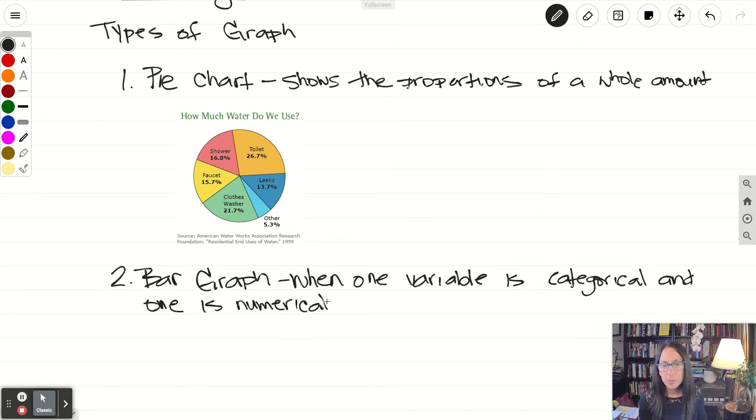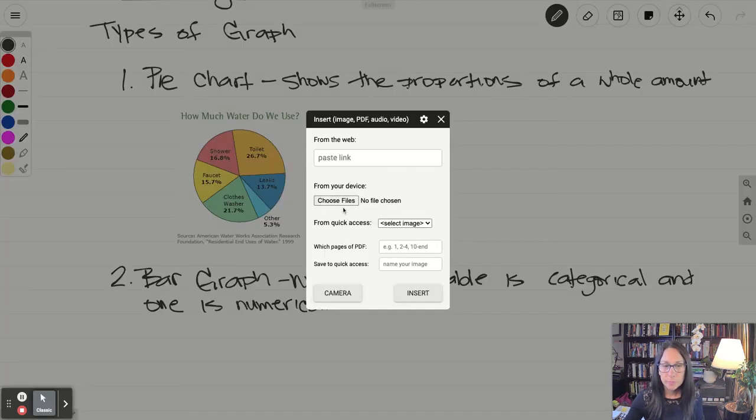Okay, and so yesterday we talked about these 2 kinds of variables, categorical meaning qualitative and numerical meaning quantitative. And so I'm going to show you a picture or an example.